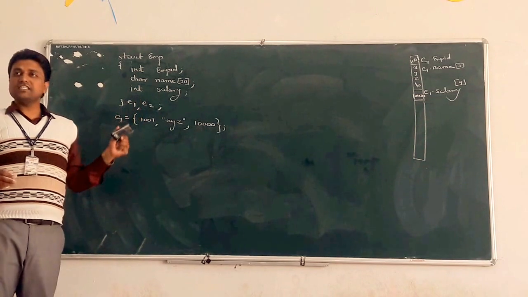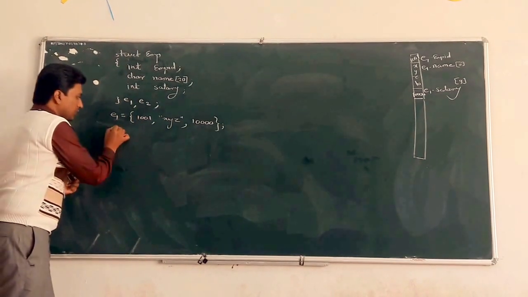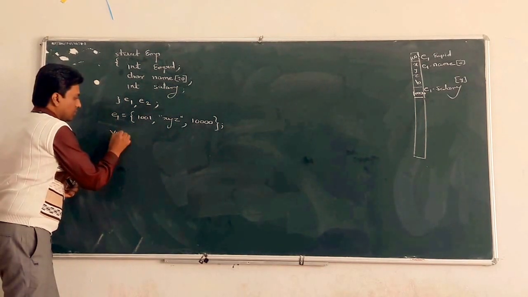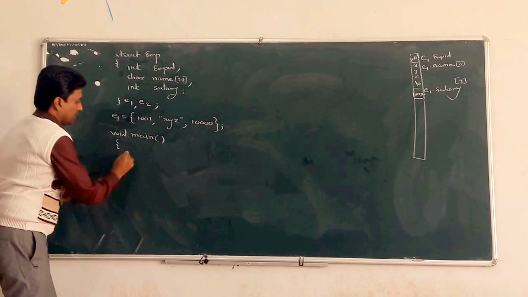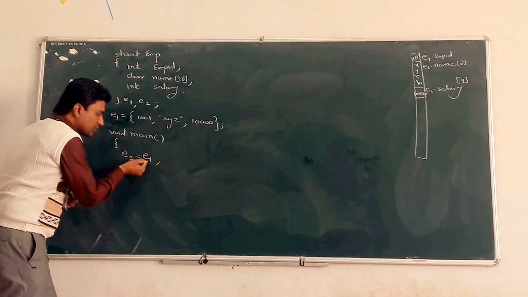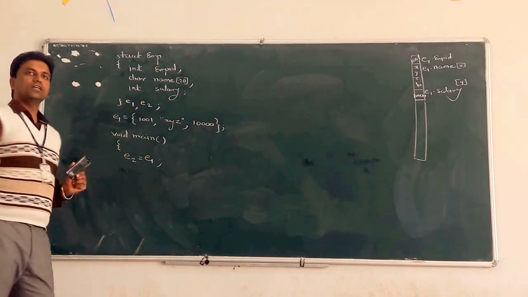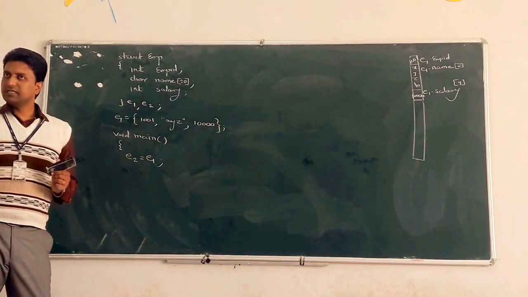Next, what is the point? We can assign one structure variable to another. Is it possible? In void main, E2 is equal to E1. That is, one structure variable we can assign to another structure variable. Is it possible? Yes.